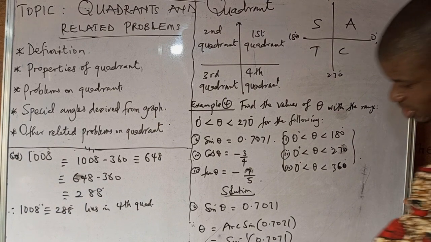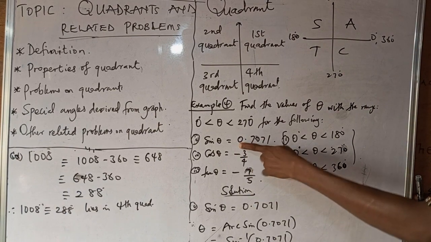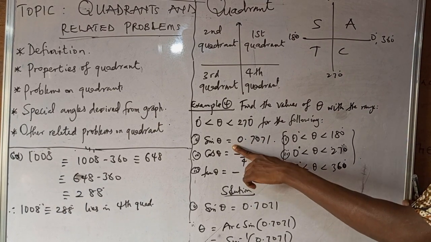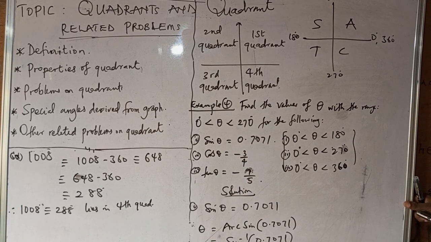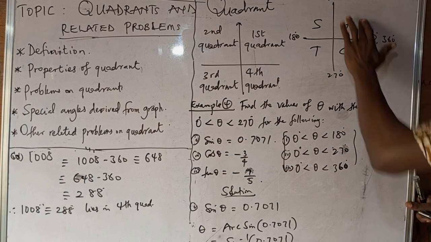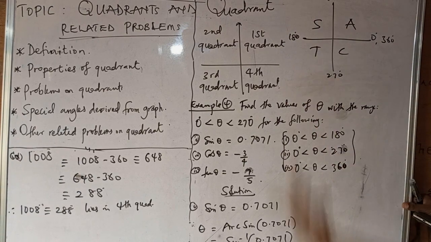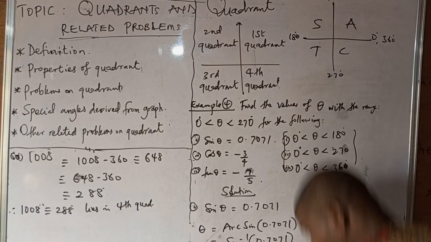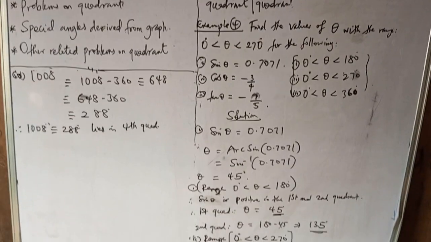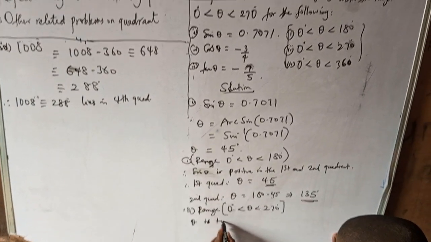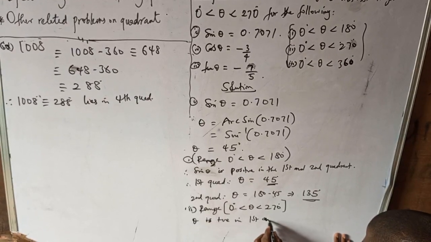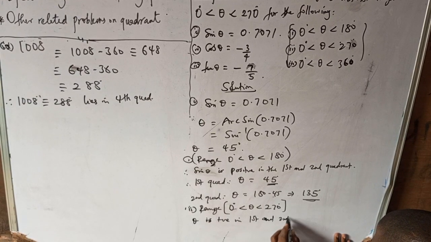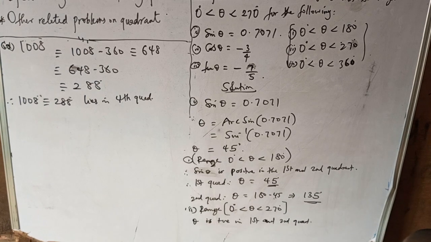Since you are dealing with sine, and the value given to you is positive, if you go between 0 to 270, where is sine positive? It's still first and second. So you don't have any business with this third one. Your answer will still remain: our theta is positive in only the first and second quadrant. All that is taken.